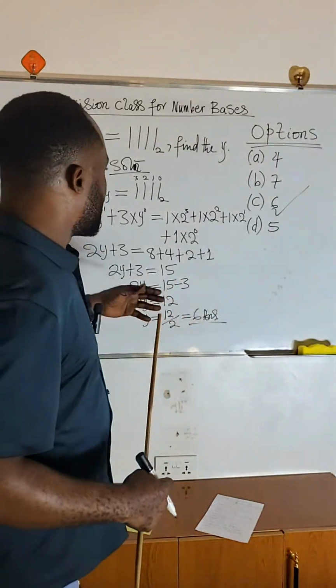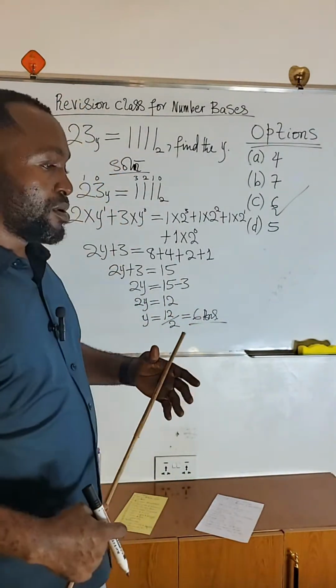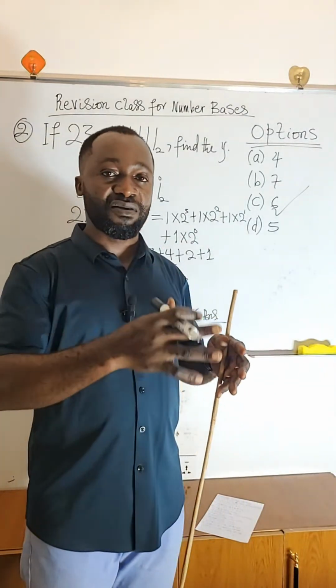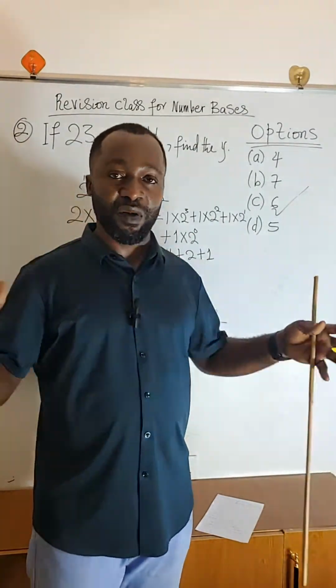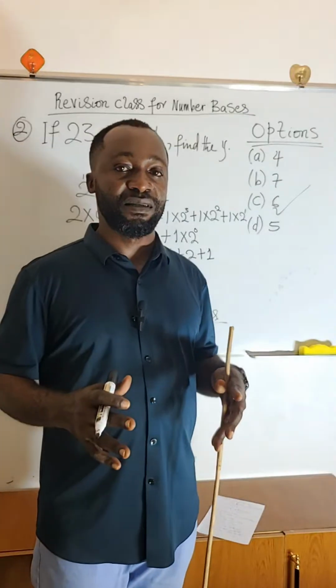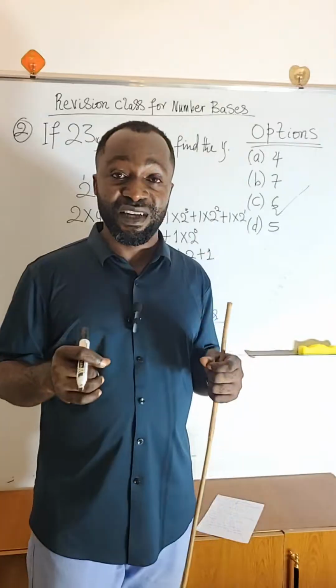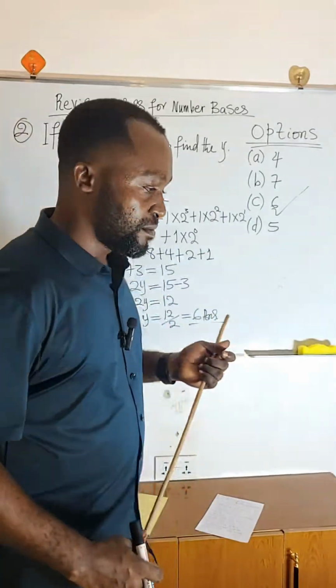But I want to make sure we revise everything to cut across all the subtopics of number bases, so that anywhere you see any question on number bases, you'll be very confident to face that question.